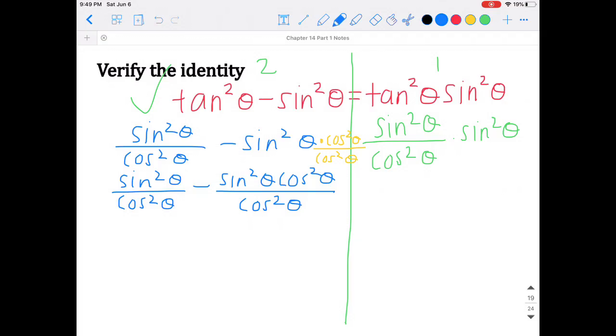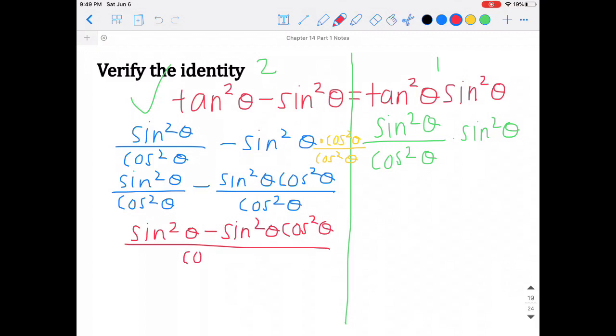So now we've created our common denominator and we're able to merge these into one term. When we do that, we have sine squared theta minus sine squared theta cosine squared theta all over cosine squared of theta. So now we're getting there.